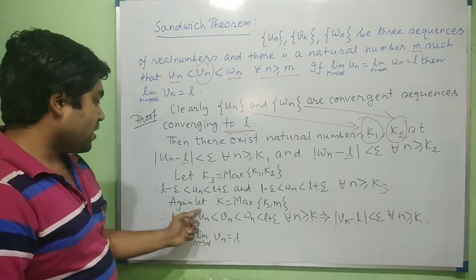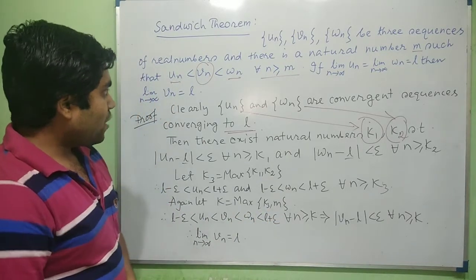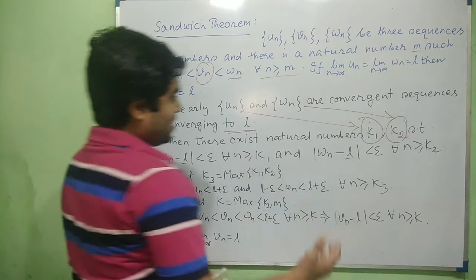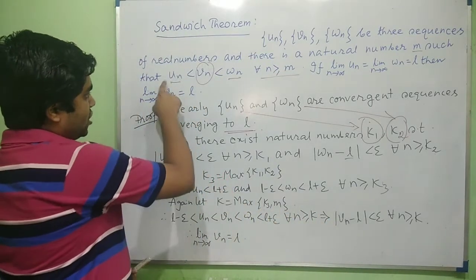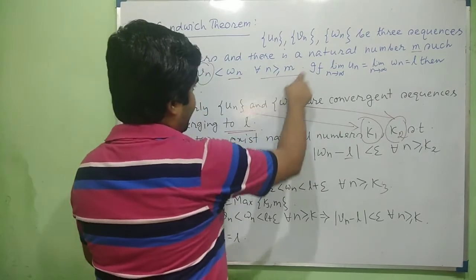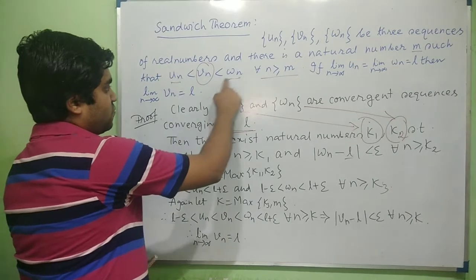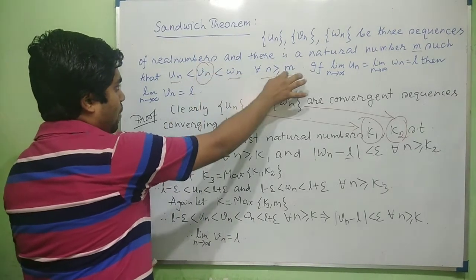Now we consider k as the maximum of k3 and m. Why? Because the relation un less than vn less than wn is satisfied for n greater than or equal to m, so this relation must be satisfied too, and it depends upon n.